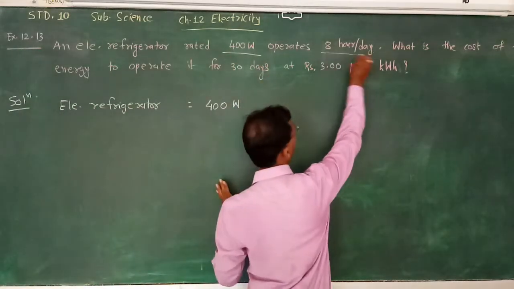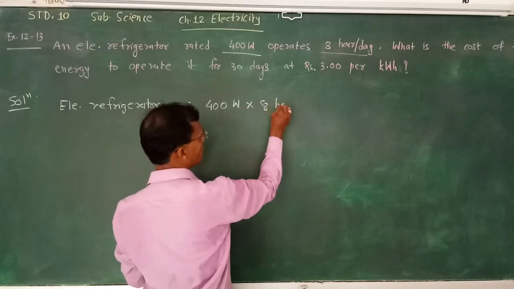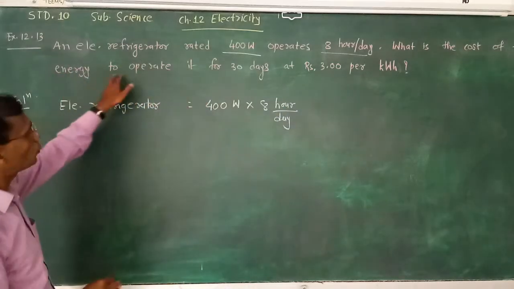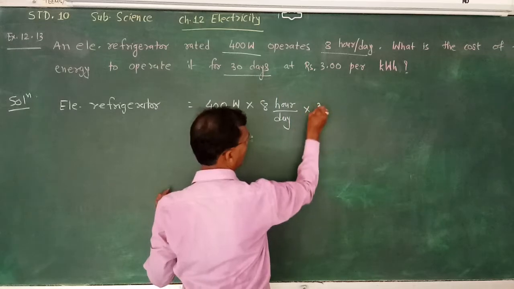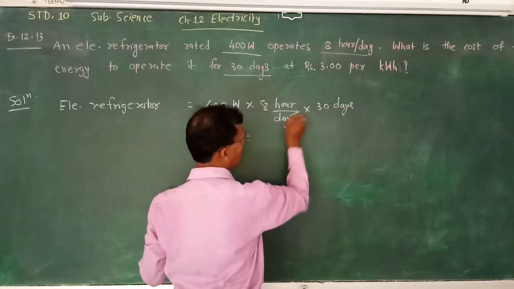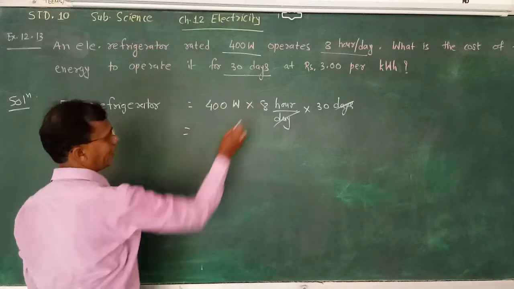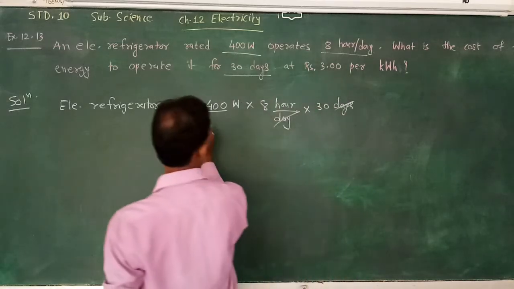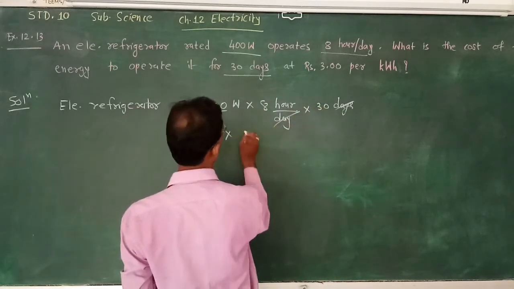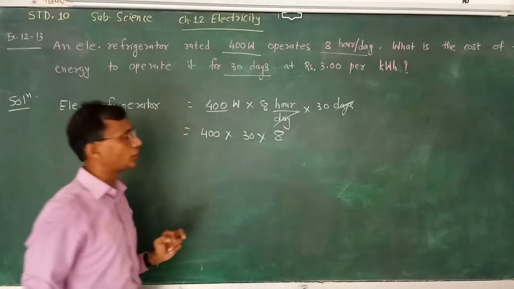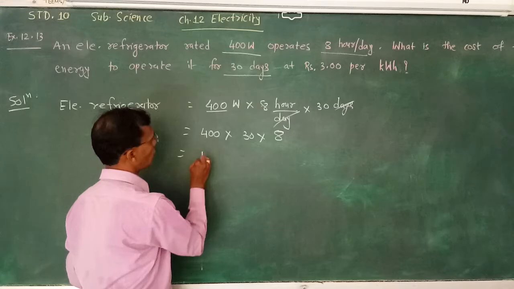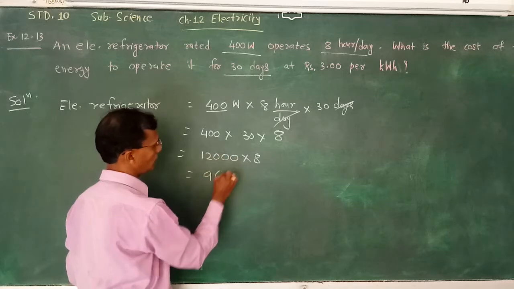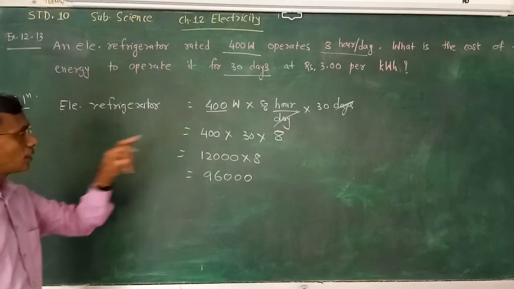For one day it takes 8 hours per day, and we need the cost of the energy for 30 days, so multiply by 30 days. 400 multiplied by 30 multiplied by 8. 4 times 3 is 12, multiplied by 8: 12 times 8 is 96, and the zeros, so 96,000 watt hour.